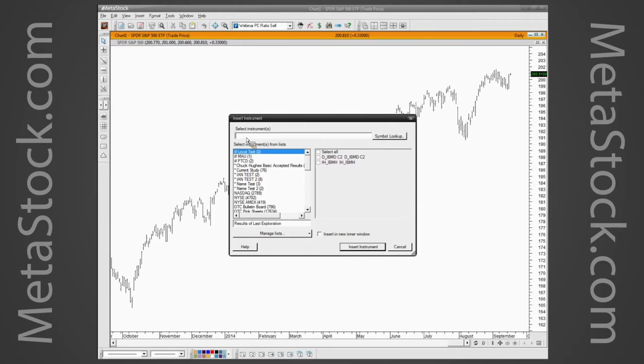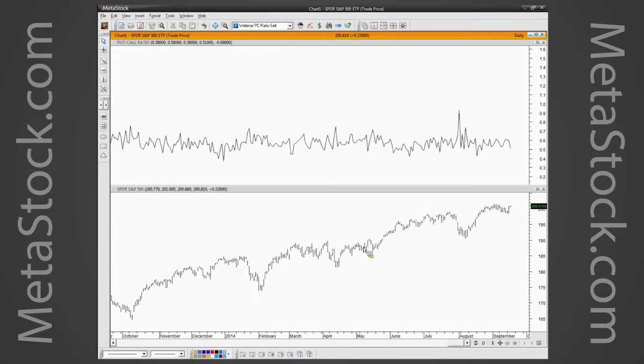The ticker symbol for that is .RTOE.U. And we want to insert that into a new inner window. Okay, so now we have our equity put call ratio plotted.